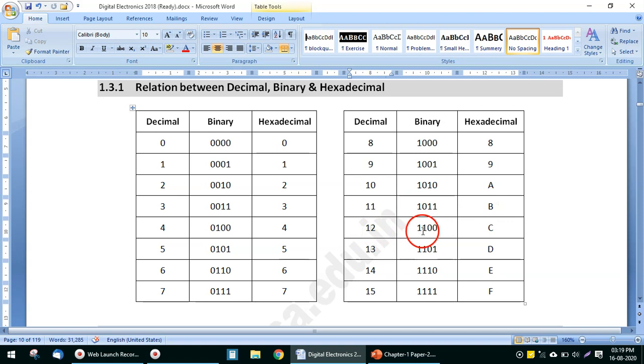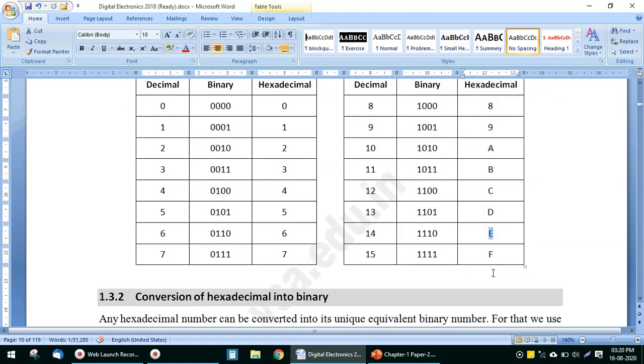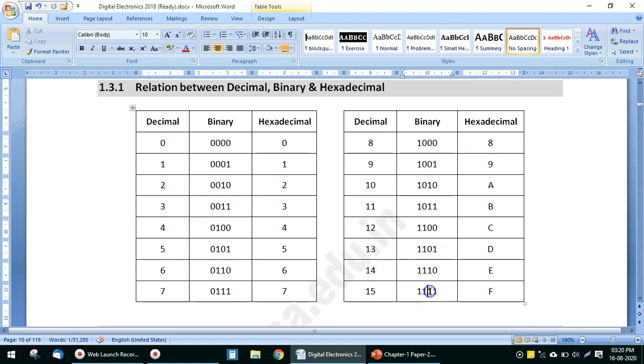Then 12 is 1100, that is 8 plus 4, so the hexadecimal value will be C. Then 13 is 1101, 8 plus 4 plus 1, that is D. For 14 it is 1110, that is 8 plus 4 plus 2 equals 14, and the hexadecimal value is E. And for decimal 15, the binary will be 1111, so 8 plus 4 plus 2 plus 1 will be 15, and the hexadecimal value will be F.